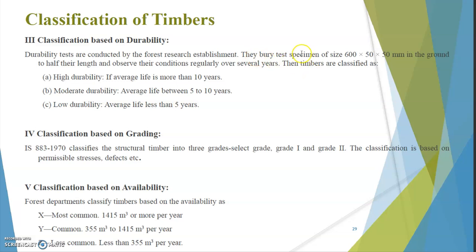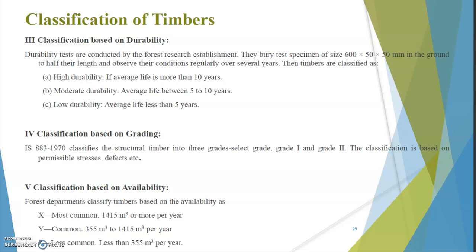They take a specimen sample piece of timber of size 600 by 50 by 50 dimension, and they bury it lengthwise, some 300 millimeter length inside the ground, and leave it as it is, right? They observe its changing structural profile over a very large number of years.